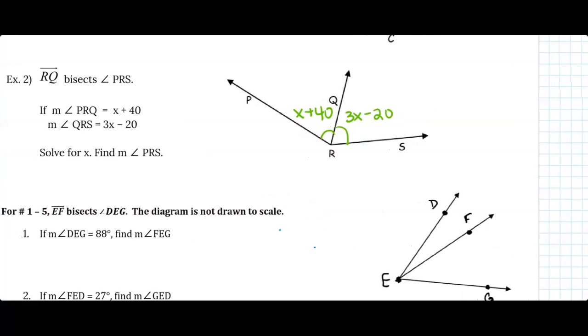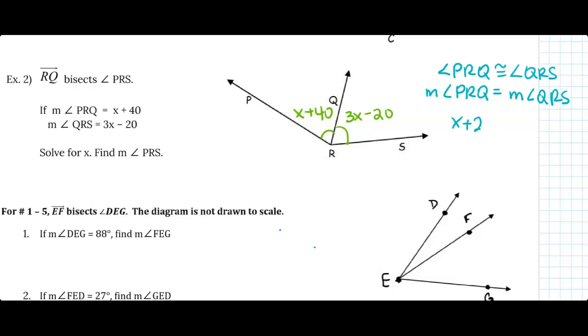Since angle PRQ is congruent to angle QRS, their measures are equal. So the measure of angle PRQ equals the measure of angle QRS. Since they're equal, we just set the two expressions equal to each other.